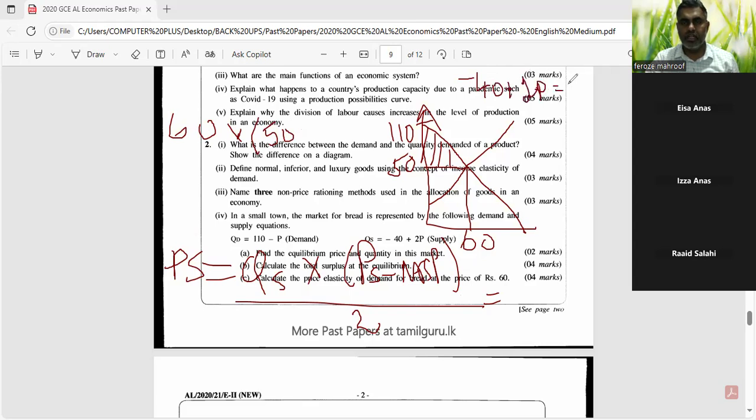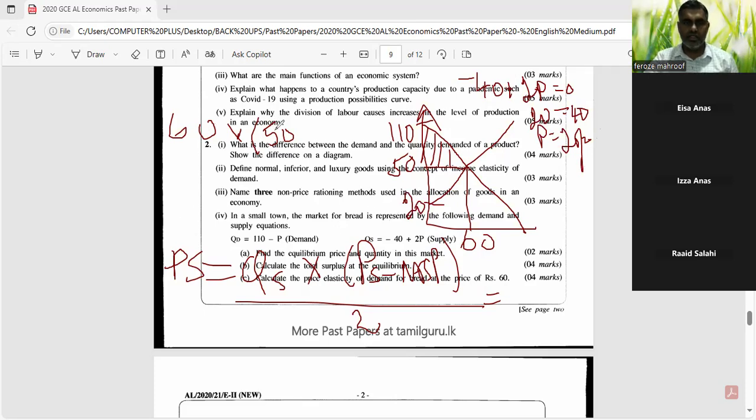So 2p is equal to 40, price is equal to 20. So the minimum supply price is 20.